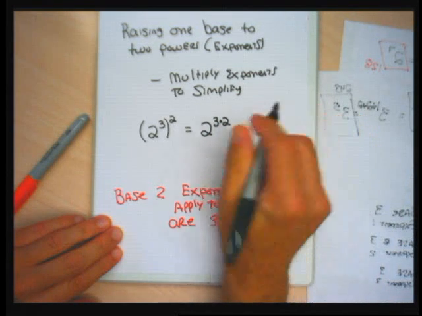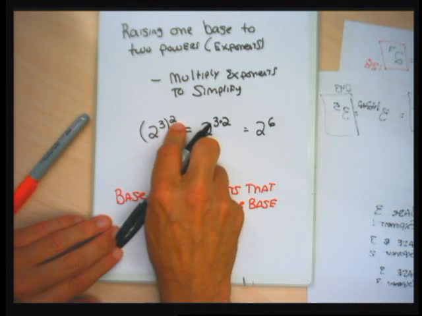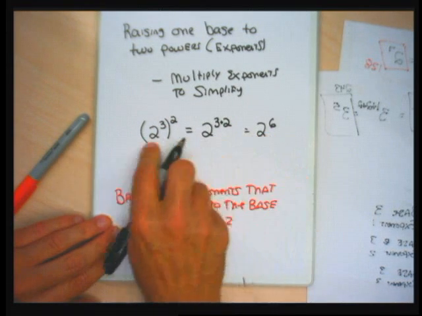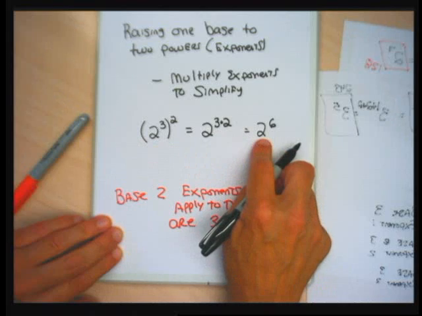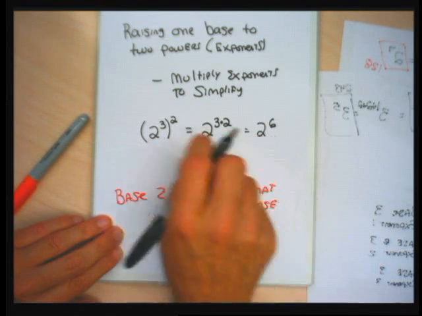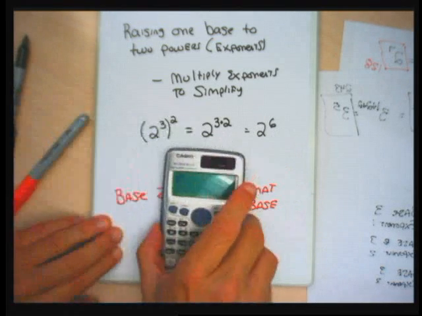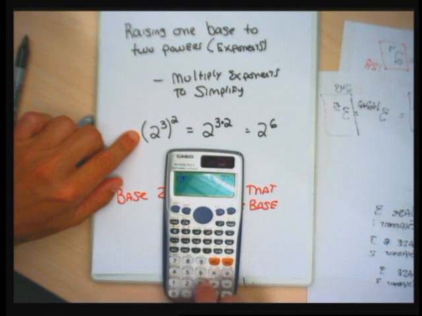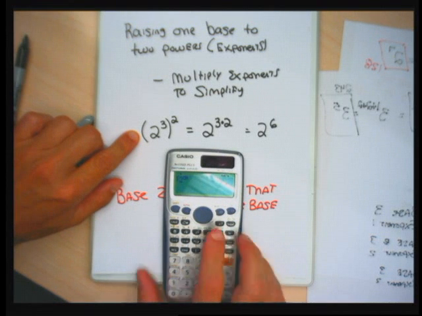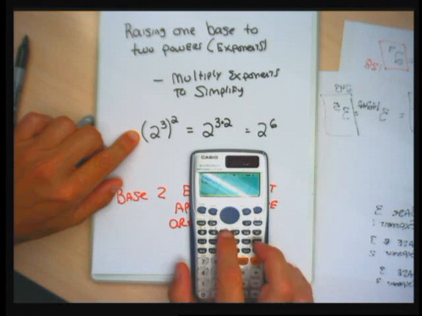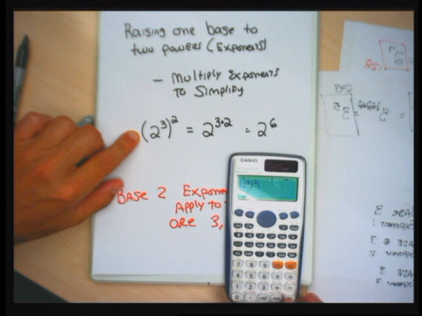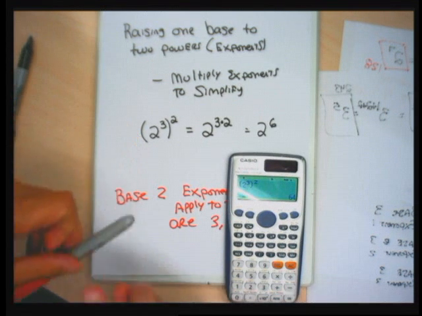So I claim that 2 cubed to the 2nd power is equal to 2 to the 6th power. Notice in none of these exponent rules am I going to change the base. Let me show you that this actually works. I'm going to enter the original problem, 2 to the 3rd power and then squared. The problem that I initially made up is equal to 64.